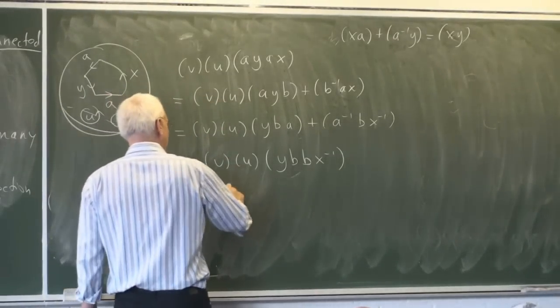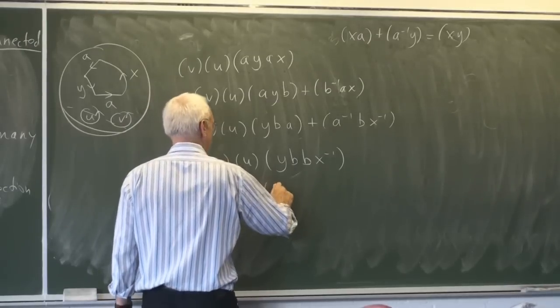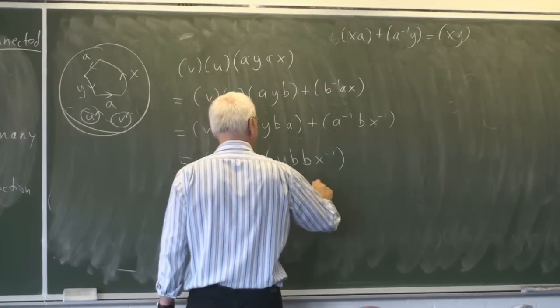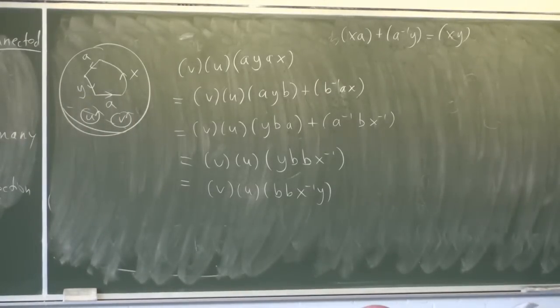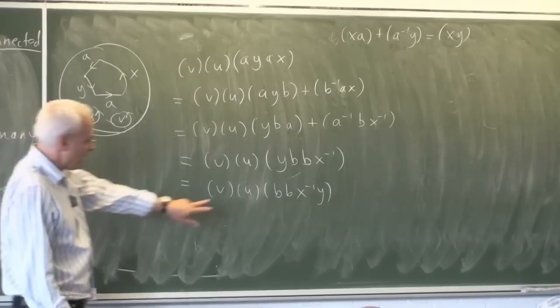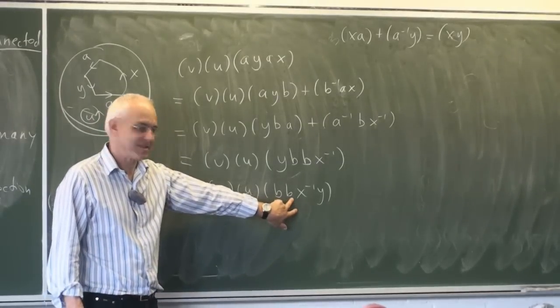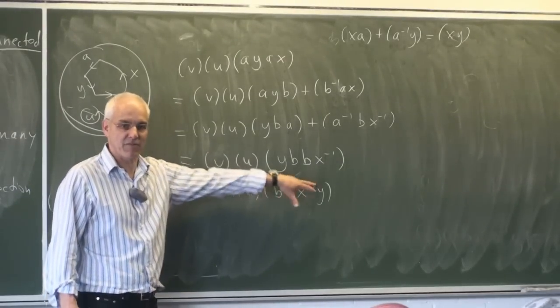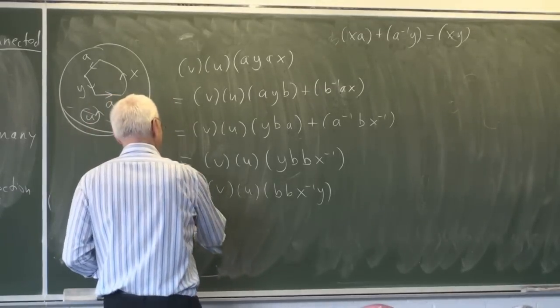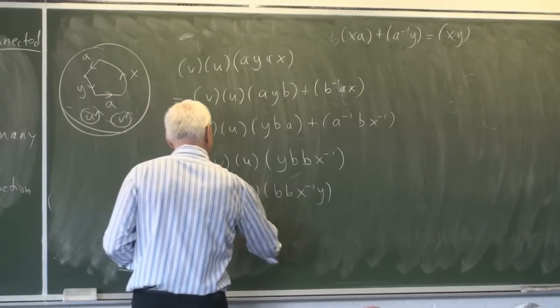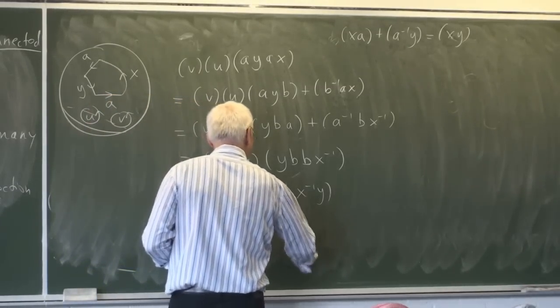And then I can write this as V, U, B, B, X inverse Y. And now that's a cross cap that's separate. We can separate that from the rest of the word. So we can write it as V, U, X inverse Y.